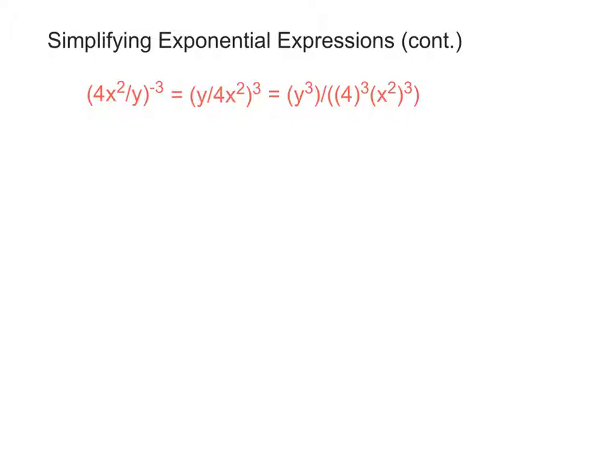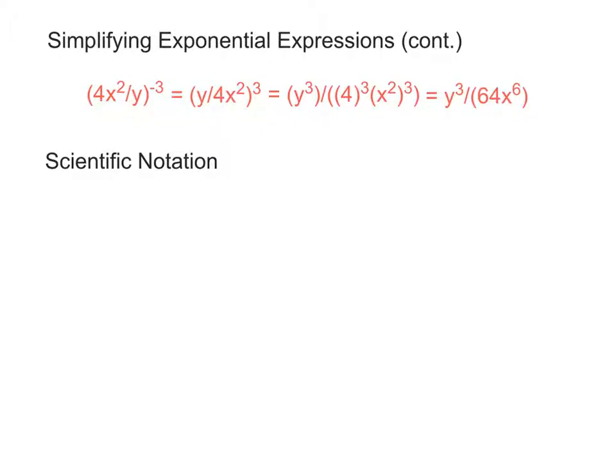So let's see what we end up with for our final answer. And lastly, we finally have y to the third over 64x to the sixth. Again, notice we multiplied the exponents of x, so it was x squared to the third, so it's 3 times 2 or 6, okay?